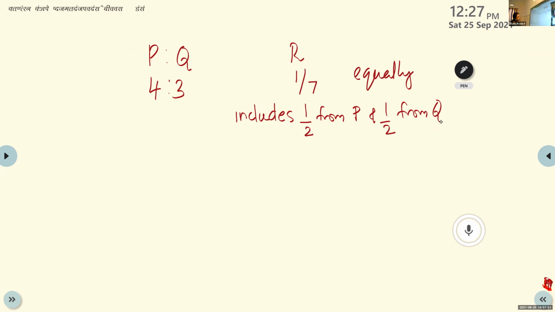It is equally received from P and Q. So 1/7 into 1/2, 1/14 is given by P from his share.